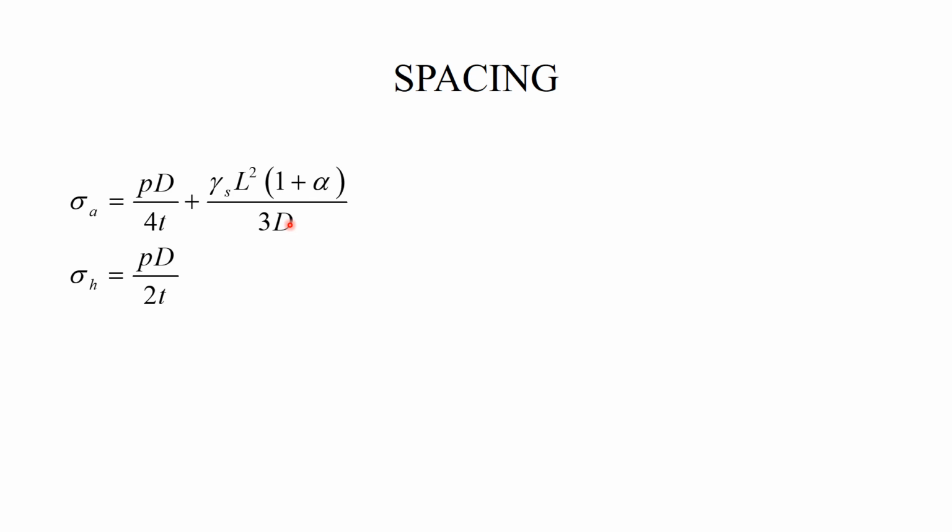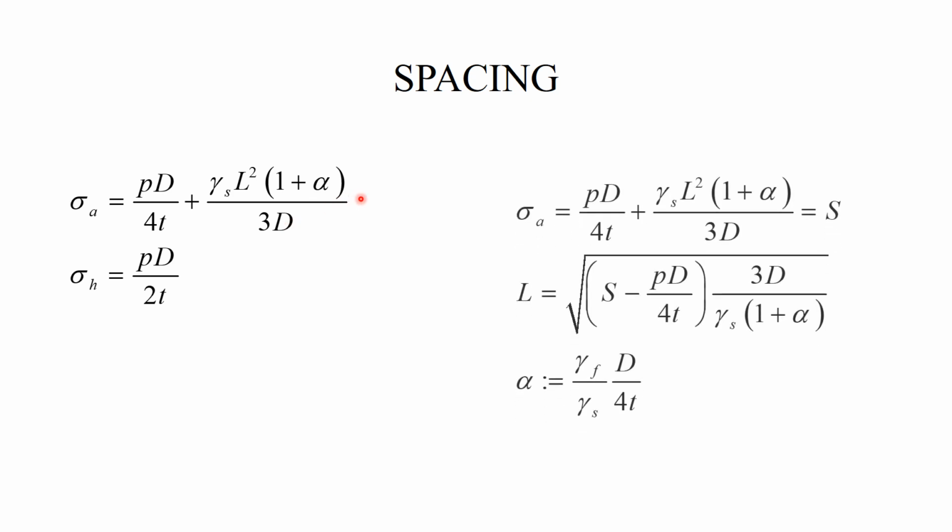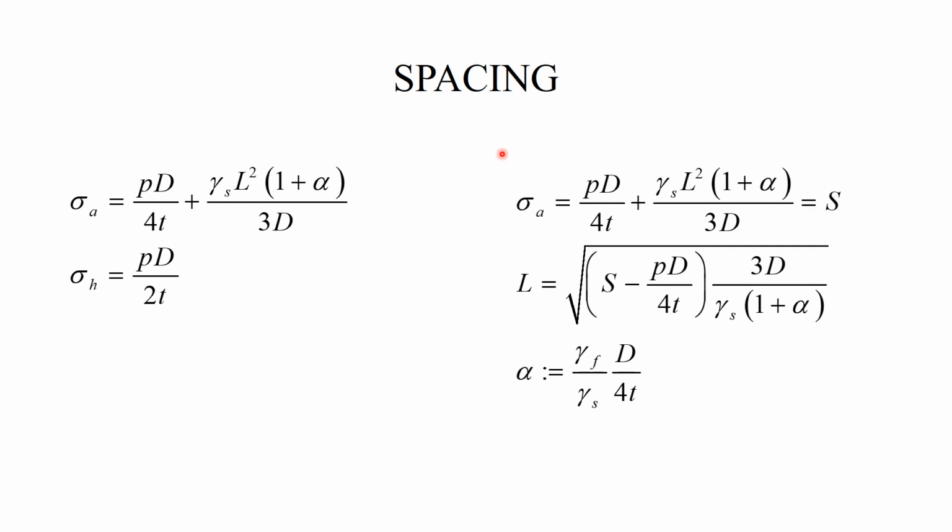And I will follow this trend, and I will equate sigma A to the allowable stress S. Here we are. And then I can solve this equation for L, and that's the answer I get. And in this equation, I want to remind you that alpha is a dimensionless parameter, easily expressed in terms of given pipeline parameters.